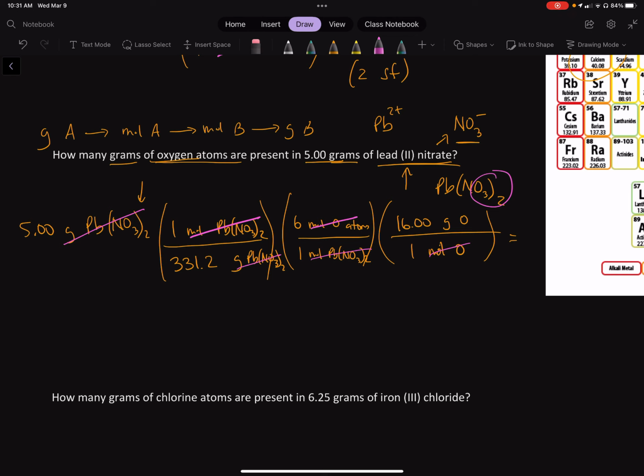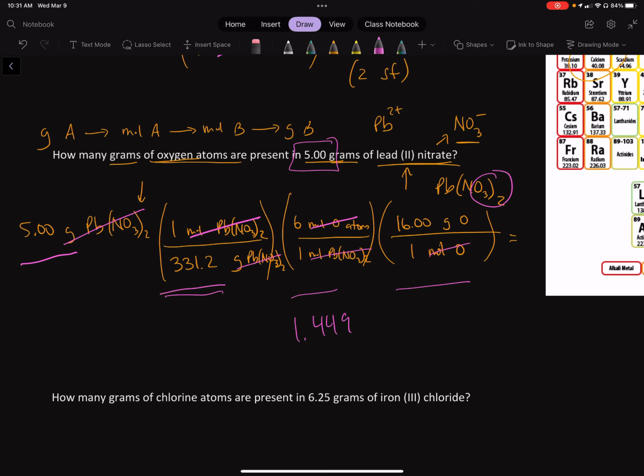Anyway, doing this on the calculator, you've got 5 divided by 331.2 times 6 and times 16. When I did that, my calculator told me 1.449. Since this 5.0 has 3 sig figs, we're going to round this to 3 sig figs.